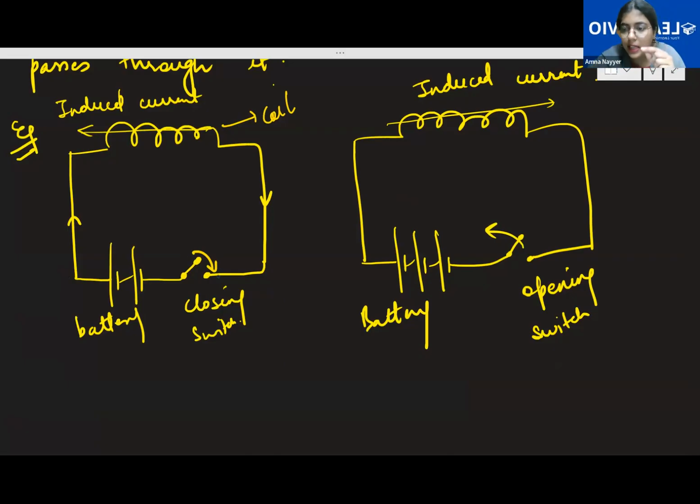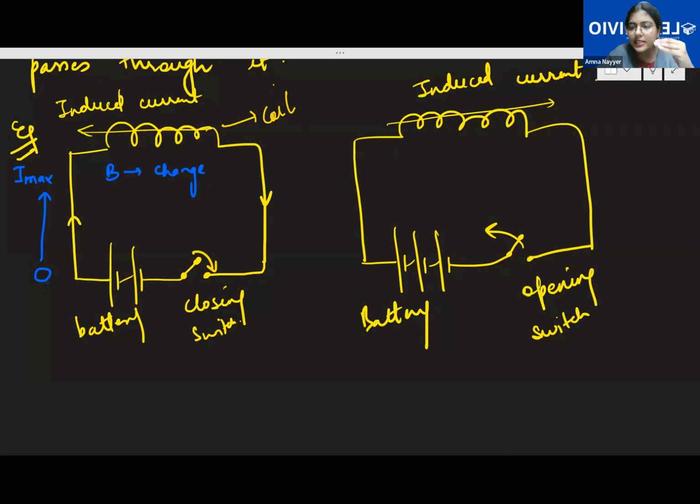When the switch is closed, from a zero value the current increases to its maximum value. This is the current because of the battery, the circuit current. So what will happen? A current carrying conductor will cause the magnetic field to change. Why change? Because there's a change in your current.